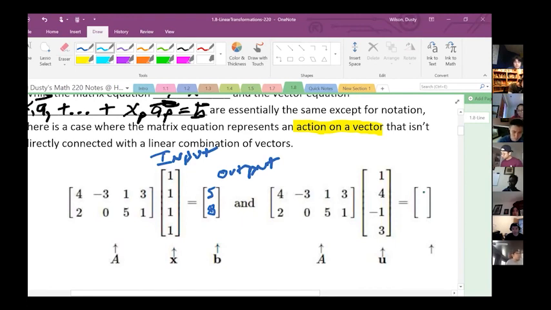So I think I've got 0 and 2 plus 0 minus 5 plus 3. I've got 0, 0 here. And so I got the 0 vector. So again, this first vector represents our input, and the 0, 0 in this case represents the output.